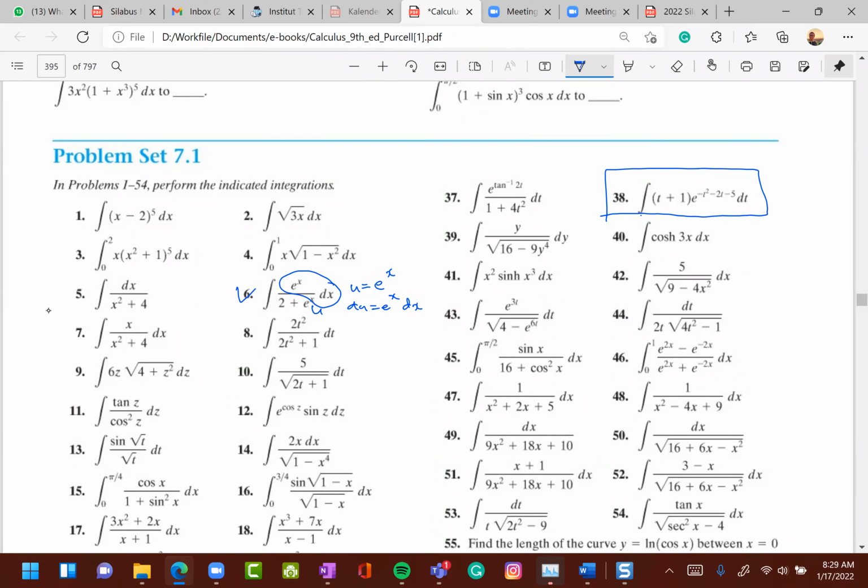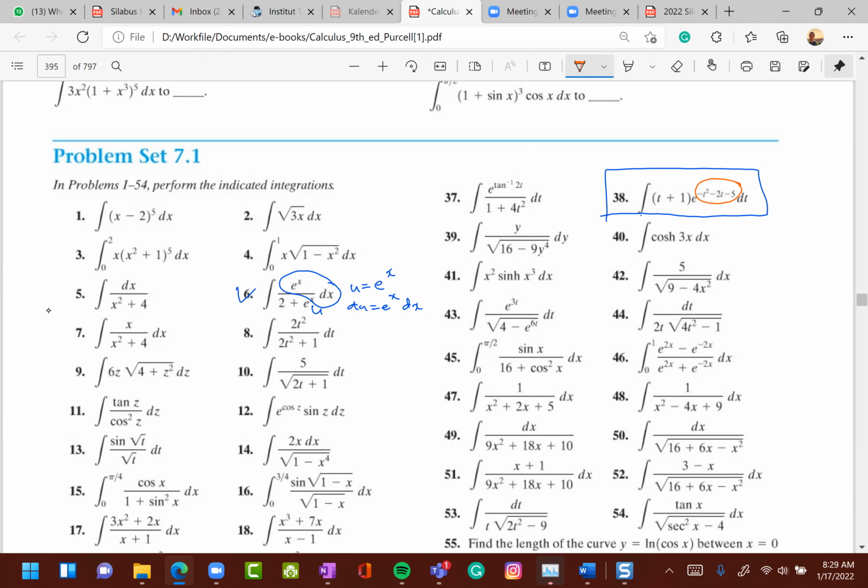But the thing here is that if you choose this quadratic, minus t squared minus 2t plus 5, the derivative is minus 2t minus 2, so that's exactly a multiple of t plus 1. So that's a good choice for this one. If you choose this, then t plus 1 dt becomes a multiple of du.